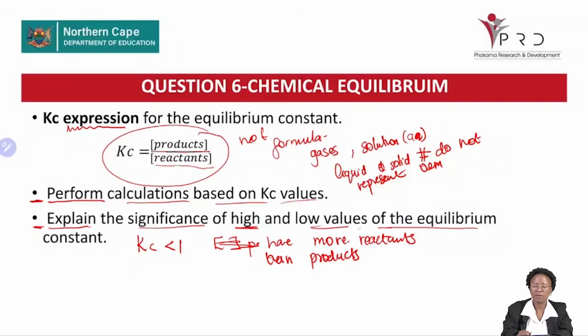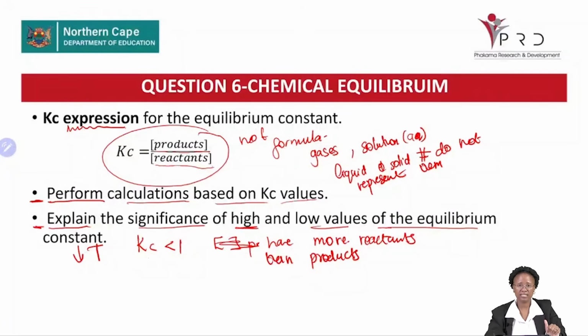And remember the relationship between Kc and temperature: that also means that the temperature has decreased. Remember we said temperature plays a very important role with Kc. Decreasing temperature decreases the Kc value. Decreasing the Kc value means that you have more reactants than the product. This is not good for your business.